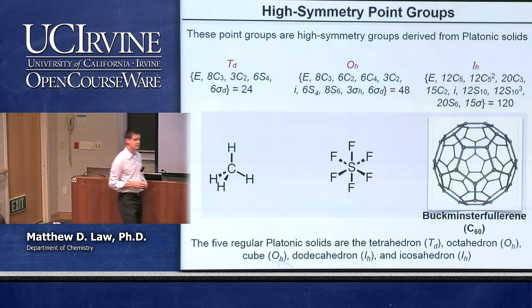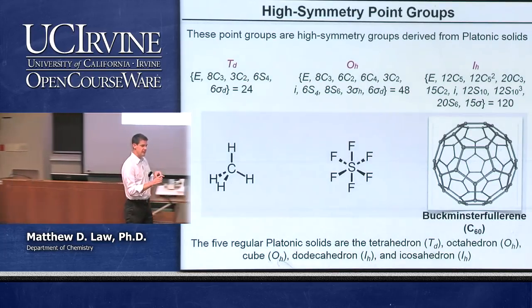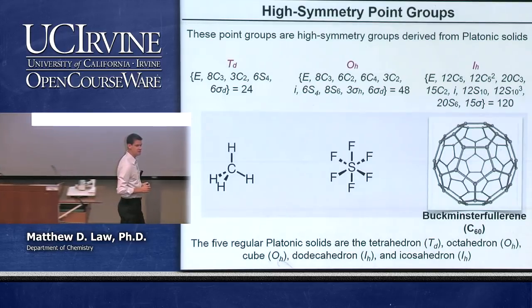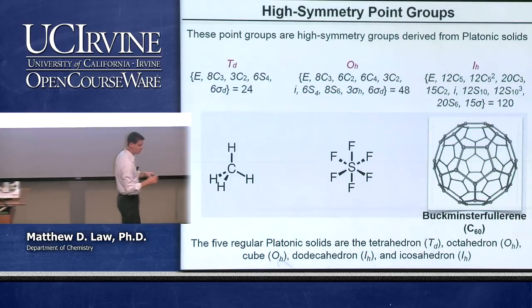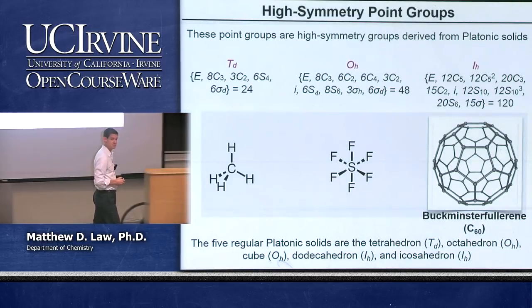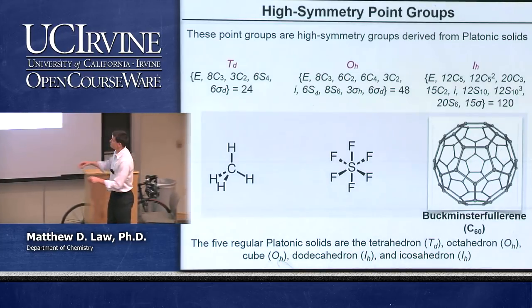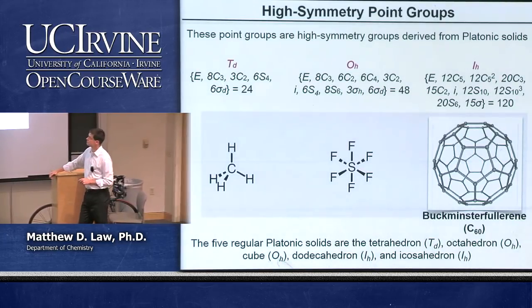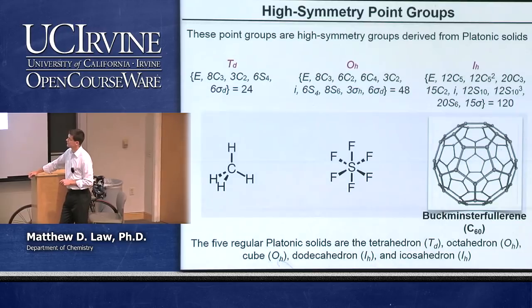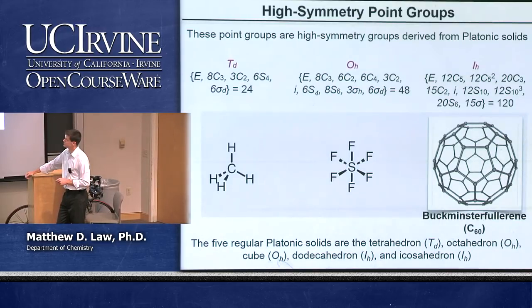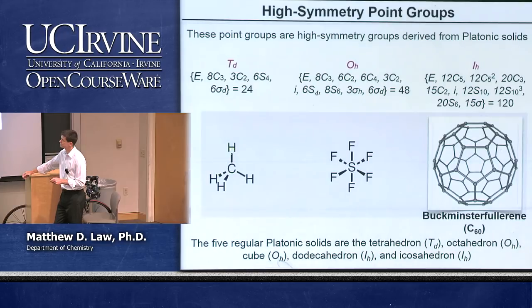There are 4 C3 axes in the molecule, down each individual carbon-hydrogen bond, and there are 2 operations that correspond to each one of those axes. So if you have 8 different C3 operations and 4 different C3 axes, then you have tetrahedral symmetry. In addition to the C3s, you have C2s, which split the hydrogen-carbon-hydrogen bond angle. And as we described last time, you have S4 axes as well.